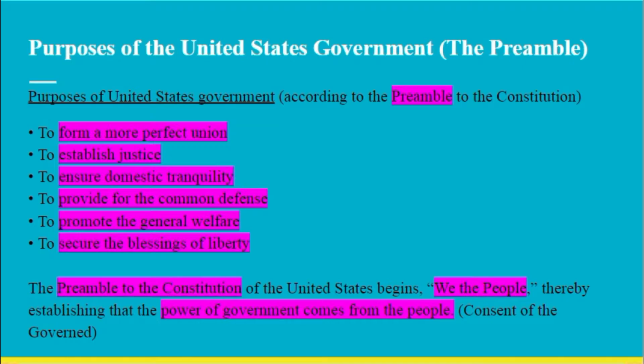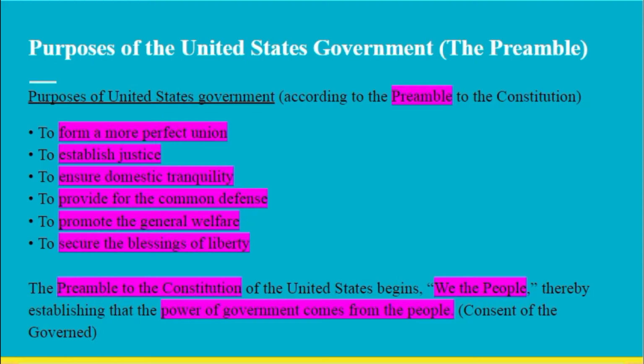The first one is to form a more perfect union, stating that we want the United States to become a better place every single week or every single year than it was the previous year. So every single time we try to make something happen in our government, it most likely should be, or it should always be, the idea that this should be helping the people.